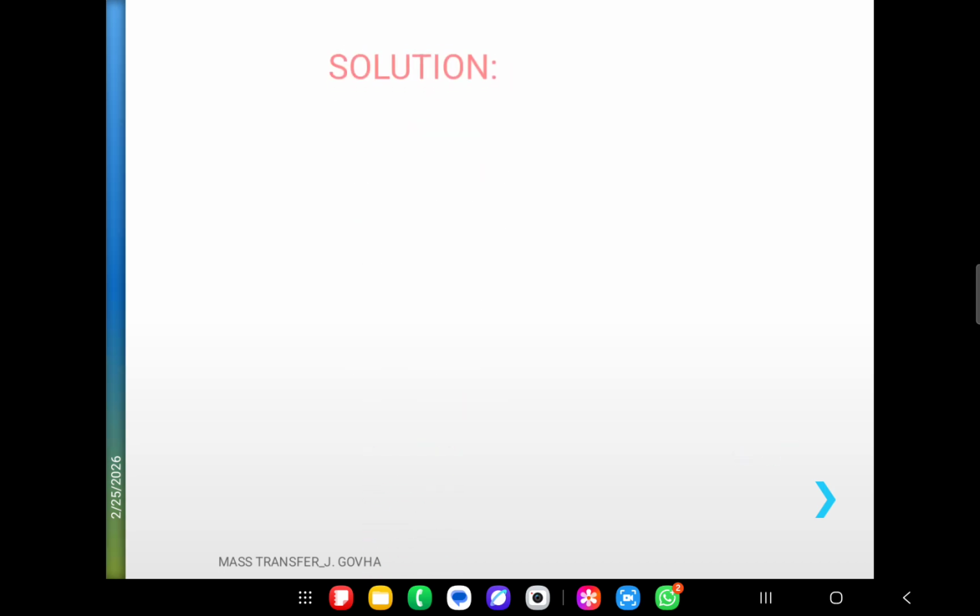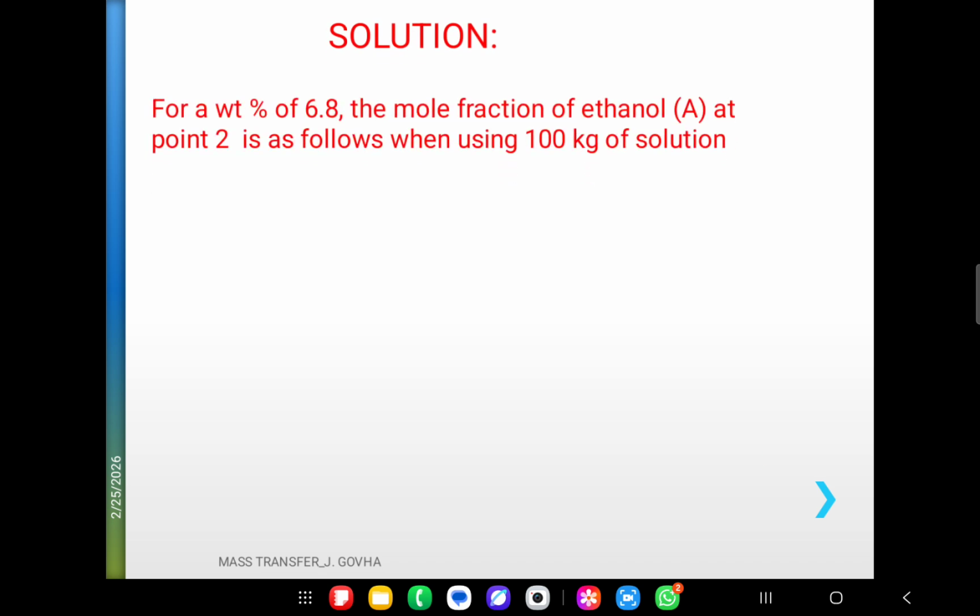Right. So for a weight percent of 6.8, the mole fraction of ethanol at point 2 is as follows. We need to calculate the mole fractions, because our equation is giving us mole fractions.